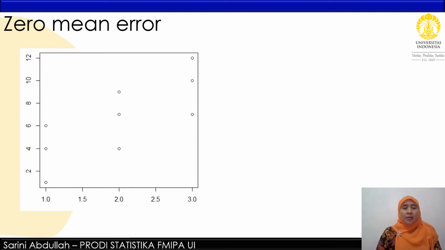Now let's look at the zero mean error. We will do the illustration using this hypothetical data. Let's say we have data like this, and we are about to fit a regression line to this data. Of course, we want the line to be the best line.